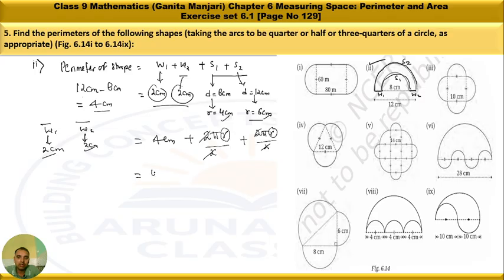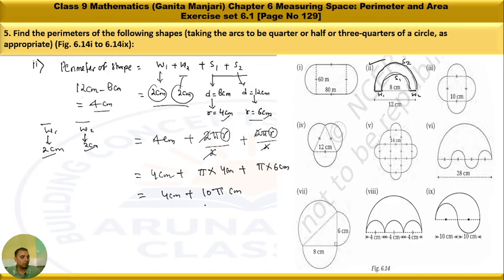So 4 centimeter plus pi multiplied by 4 centimeter, plus pi multiplied by 6 centimeter. So 4 pi plus 6 pi is 10 pi centimeter plus 4 centimeter.